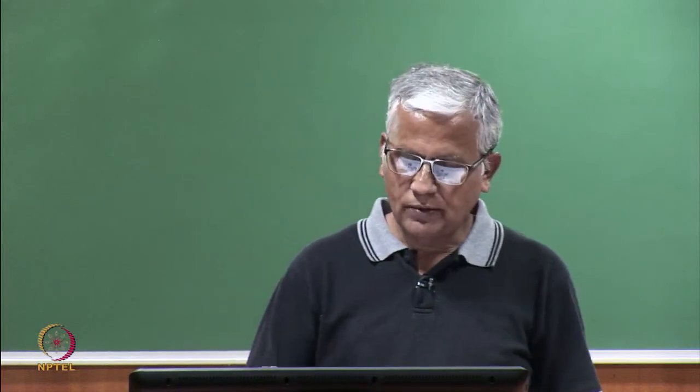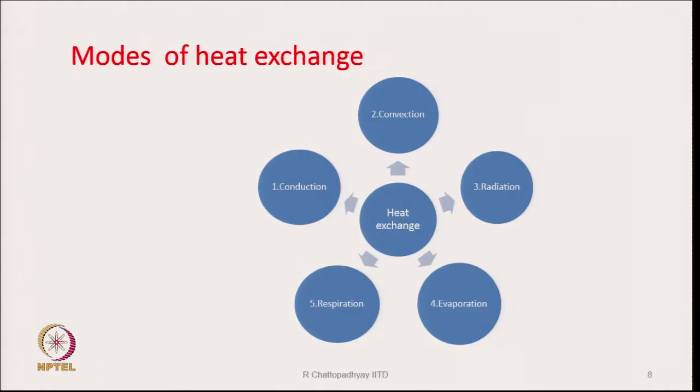The other way is when the environmental temperature is less than the skin temperature, then heat will flow from the body to the environment. And what are the modes of heat exchange? Conduction, convection, radiation, evaporation, because sweat might evaporate, and also through respiration. So, the human body is exchanging heat with the environment by 5 different modes.